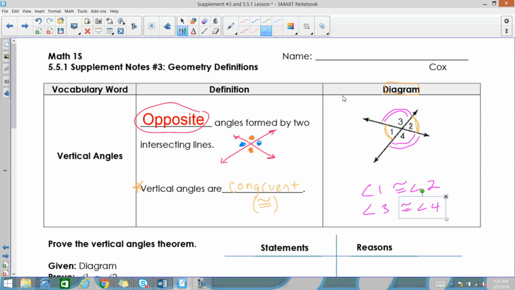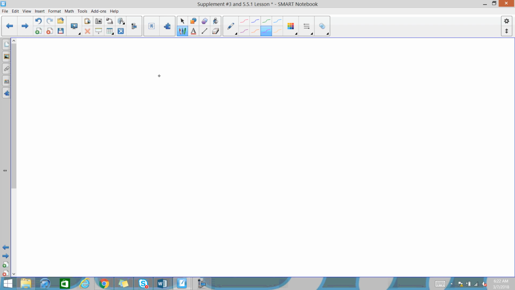So if we really think about it, all the different things that we've talked about with our different angles, we had linear pairs, which equal 180 degrees. That's a line, so like angle 1 and angle 2. All right, angle 1 and angle 2 would be linear pairs.